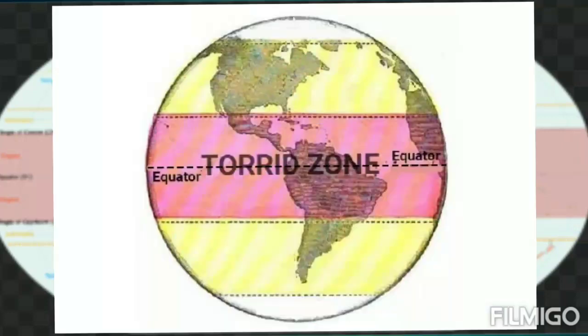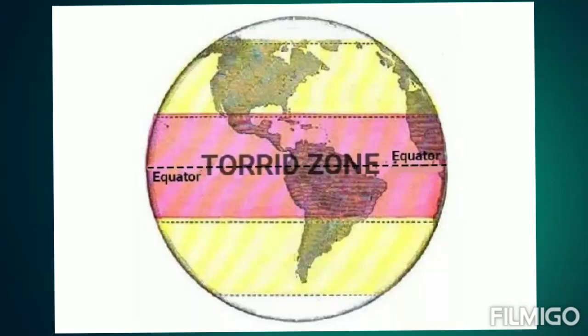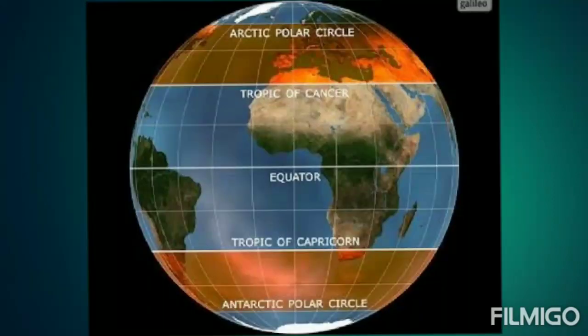So in this area, the sun rays fall vertically. As the region gets maximum sunlight, my dear students, it is called the torrid zone. Okay, and the climate in this region is very, very hot. Are you getting me? Okay, now see next.